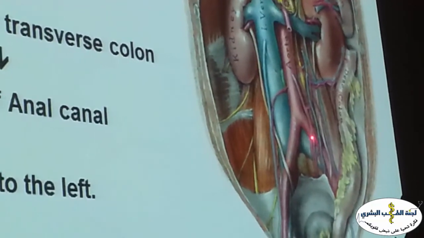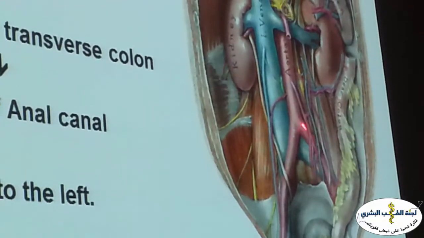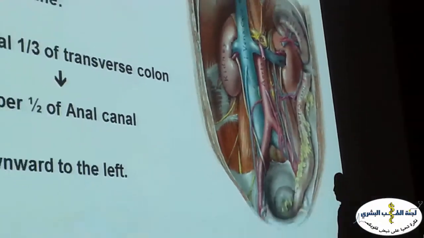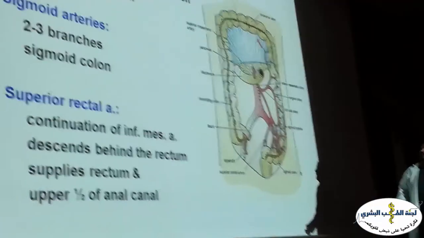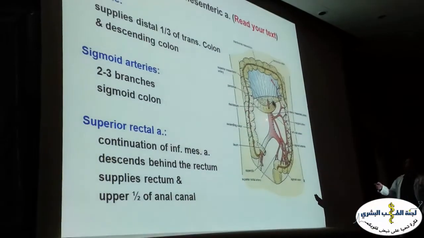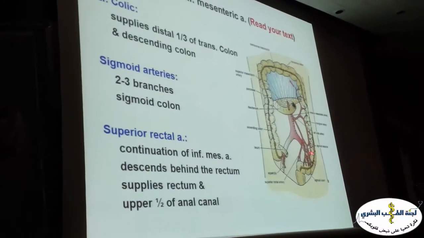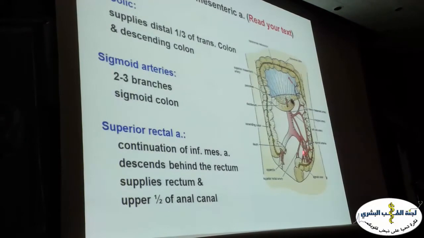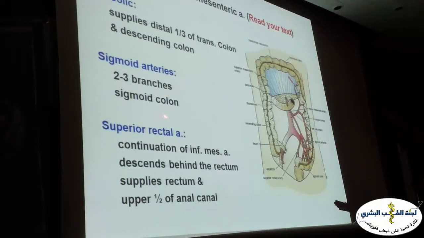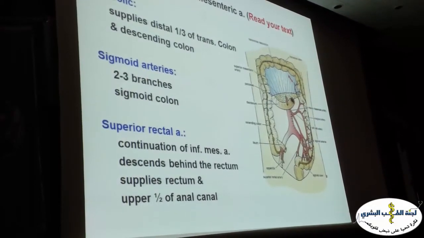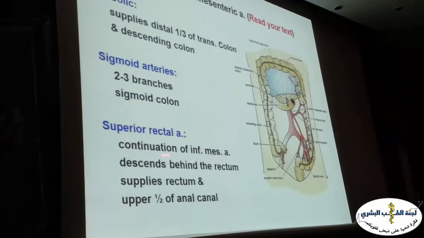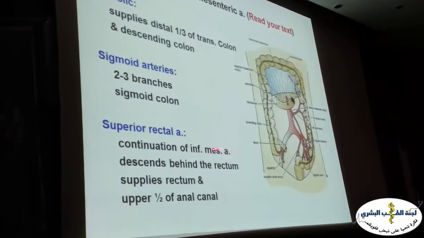But here it is the superior rectal, at the level of the left common iliac. The left colic, from the distal third, goes down and then gives sigmoidal branches, 2 to 3, sometimes 2 to 4, branches to the sigmoid, or the superior rectal, which is the continuation of the inferior mesenteric.